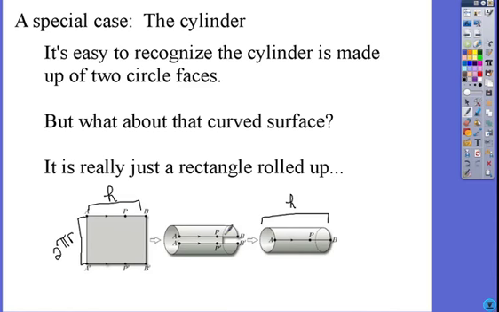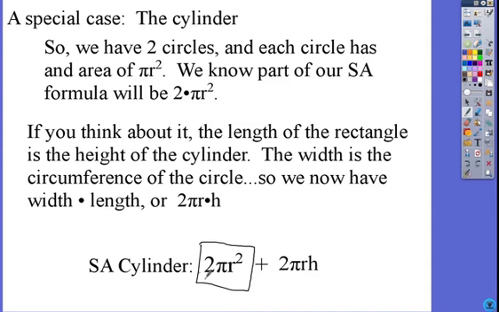This is the height of the cylinder. So if I wanted to find the area of this flat surface, I'm just multiplying 2 times pi times the radius times the height. So my formula then becomes 2 pi r squared, just the circles, and then 2 pi rh, that's the rectangle. And that's a formula that you just have to memorize: 2 pi r squared plus 2 pi rh.